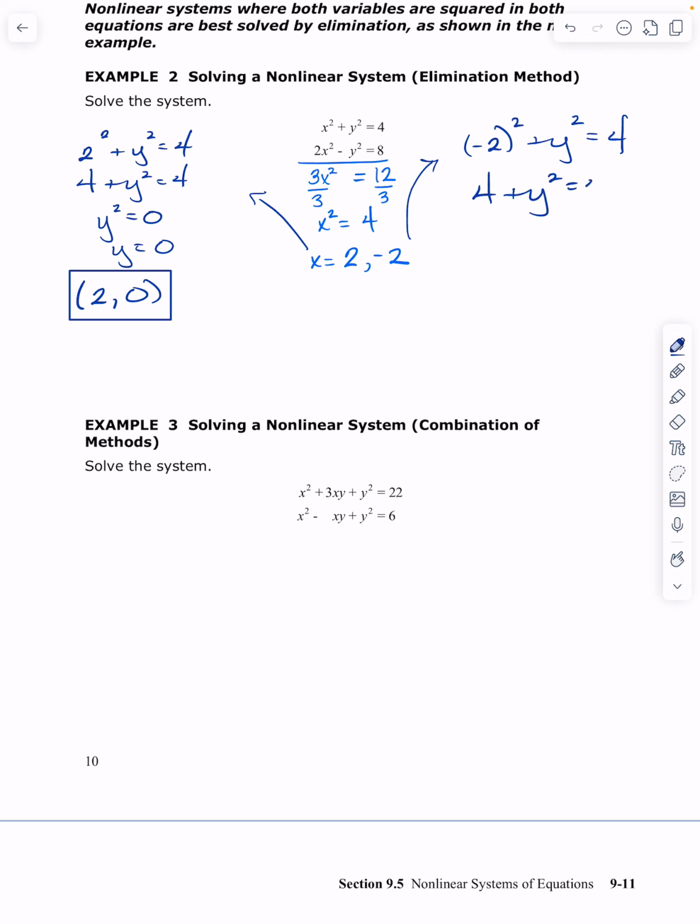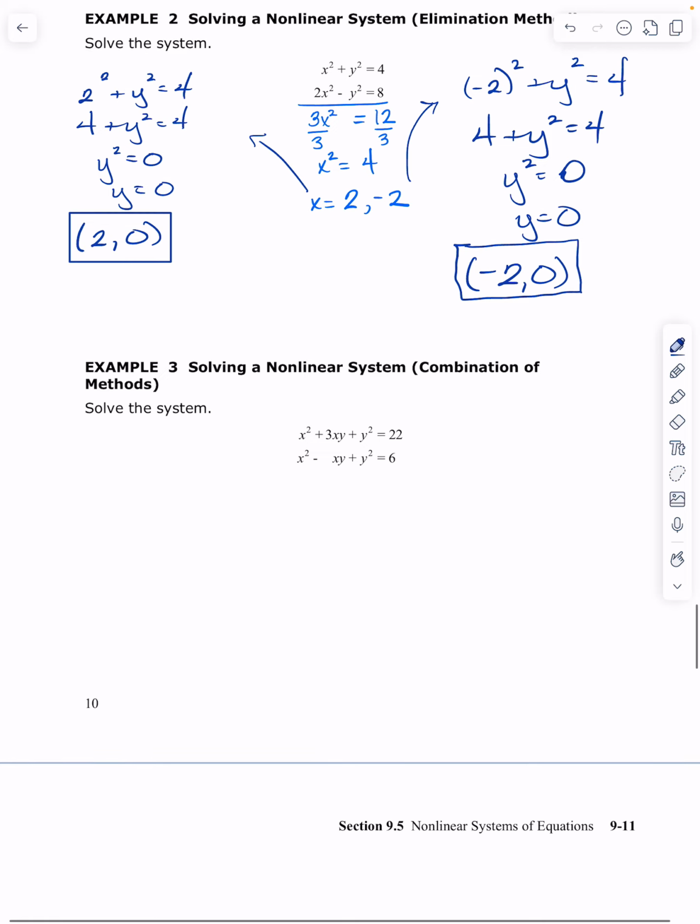And you notice here we get the same thing. And when we get to graphing conic sections, we will take a look at what type of situations results in 2 intersection points.